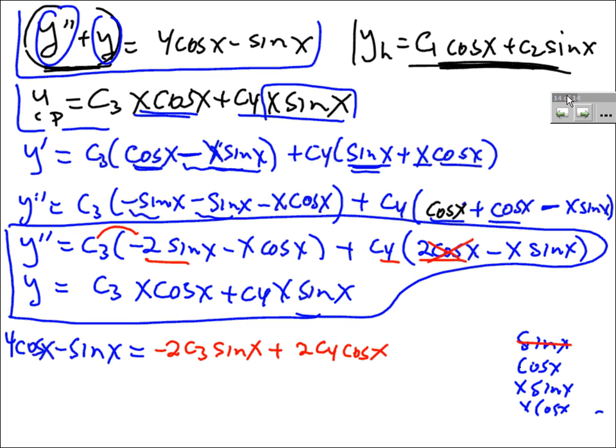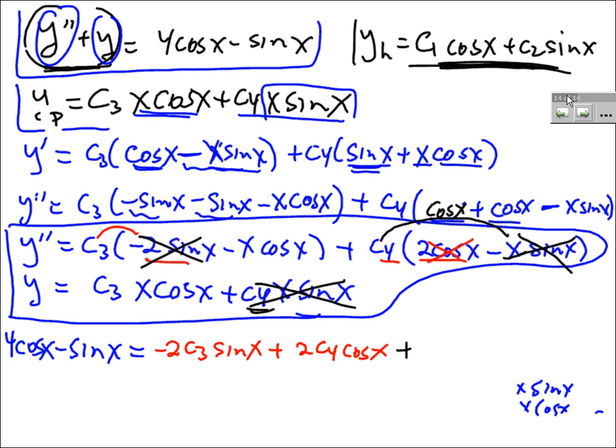Okay, did cosine x. What about x sine x? How many x sine x's do I have? Well, I have c4 of them there. Oh, and look, I'm taking away c4. In fact, that just cancels out to nothing.